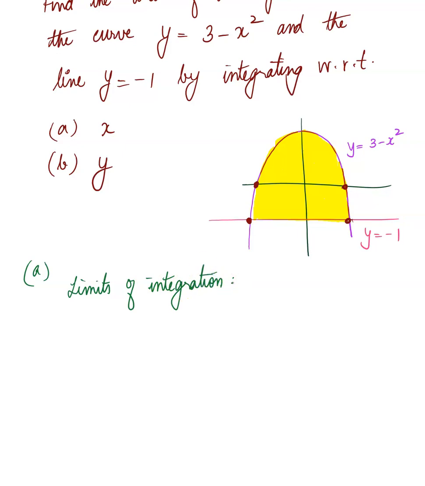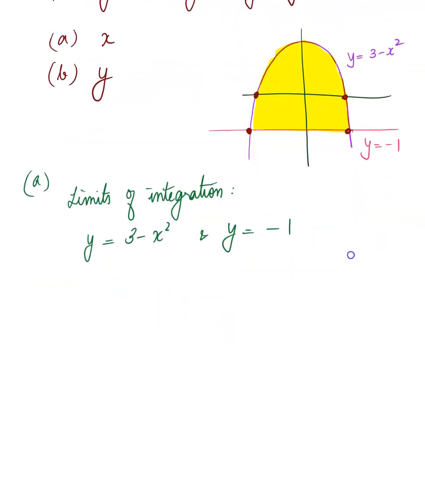Because it's with respect to x, we can use it the way it is. So you have y equals 3 minus x squared and y equals negative 1. Set them equal to each other. Because it's simple here, I can move this to the other side.